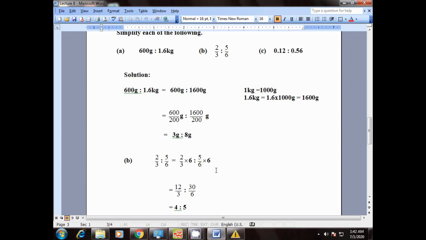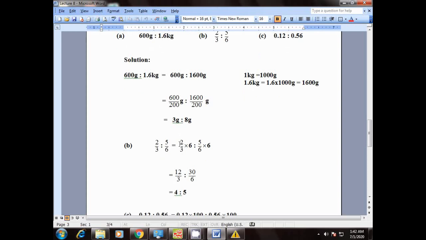Let's take the product of 2 and 6. 2 times 6 is 12, divided by the denominator 3 as it is. Ratio 5 times 6 is 30, divided by the denominator 6 as it is. Now we know that 12 is a multiple of 3 and same as 30 is a multiple of 6. 3 times 4 is 12, 6 times 5 is 30.